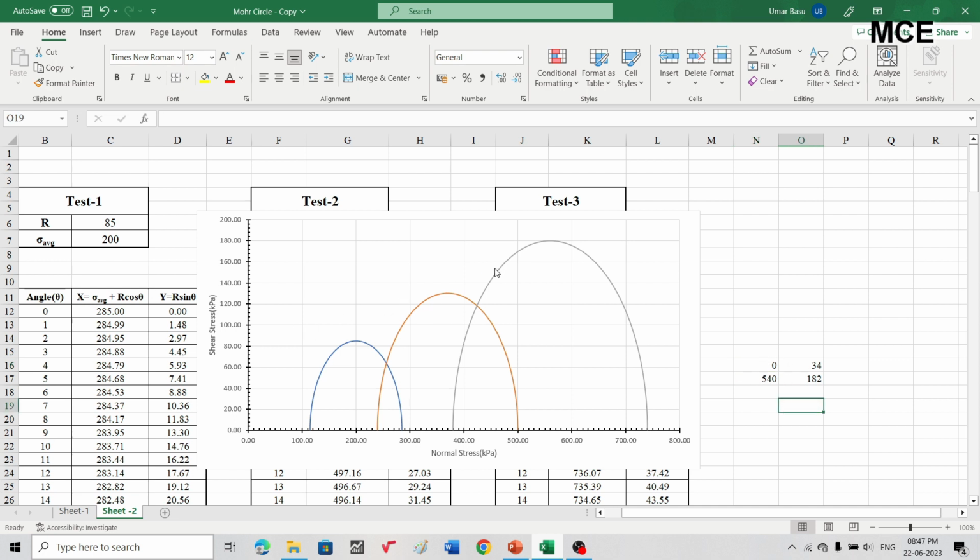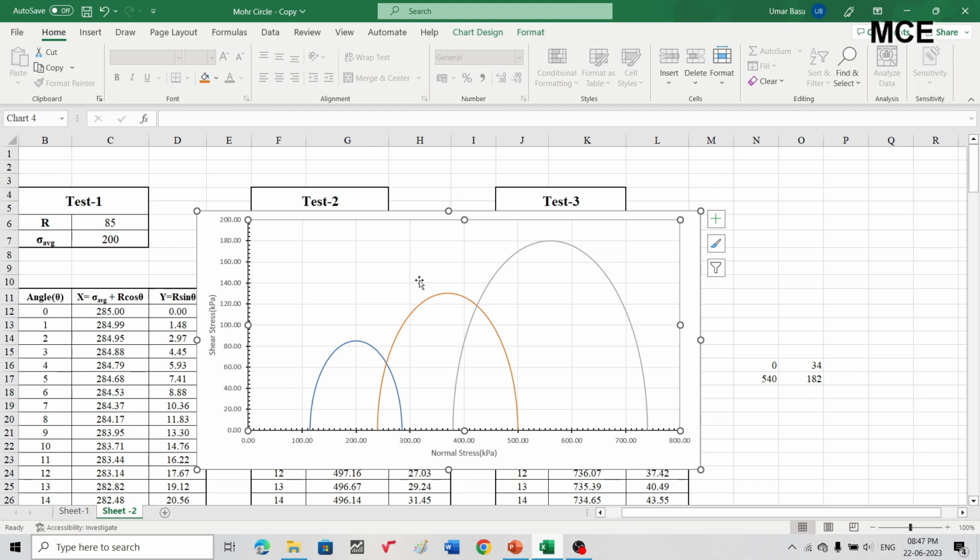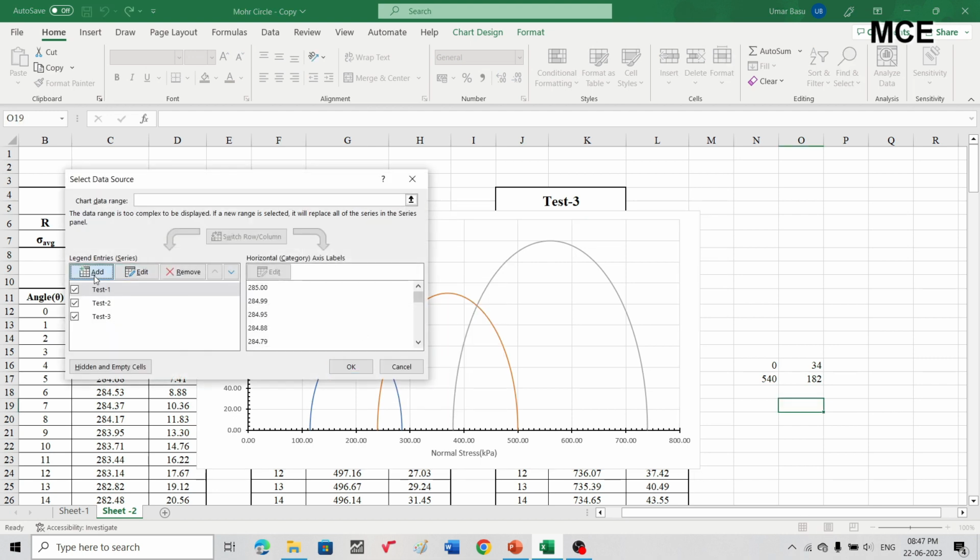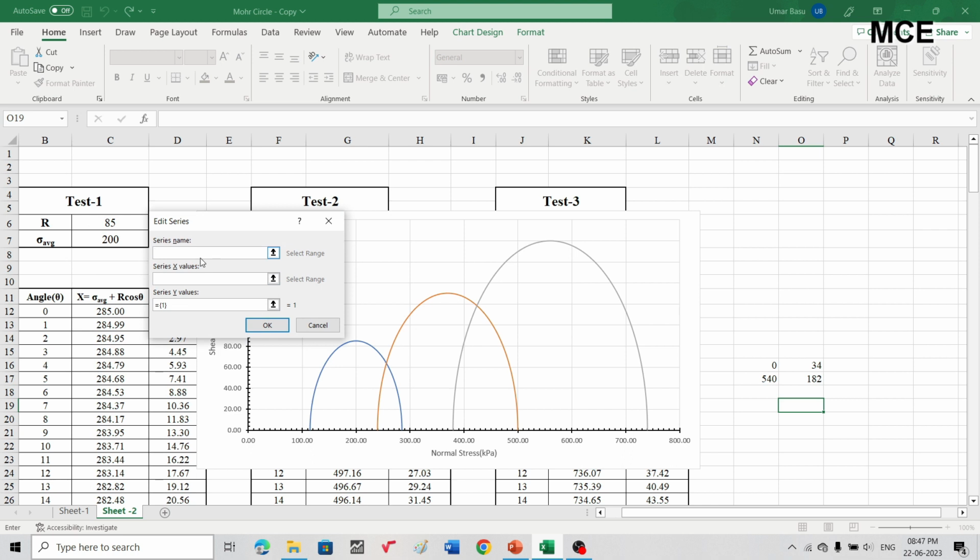So to draw the failure envelope, again you will click on the chart area and then select data, and then click on the add button, and this time for series name you will write the failure envelope.